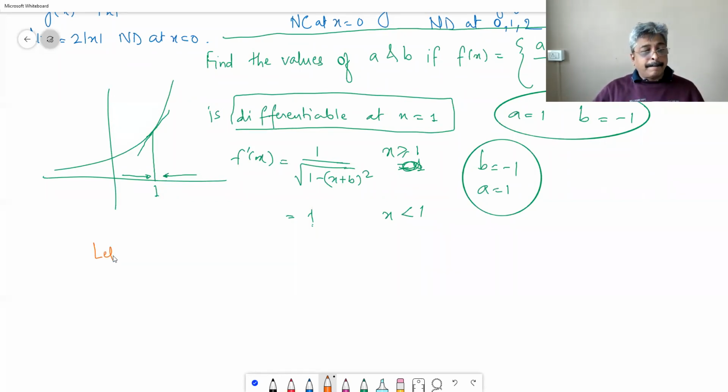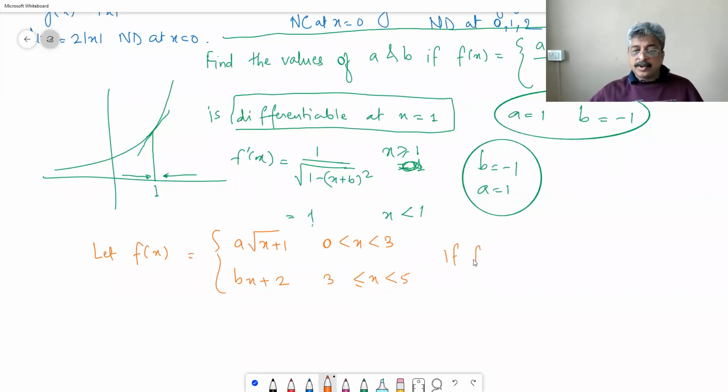Let f of x is equal to a root x plus 1 for 0 less than x less than 3, and bx plus 2 if 3 is less than or equal to x less than 5.